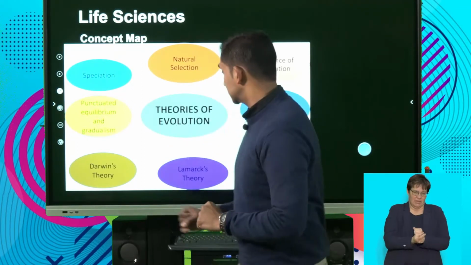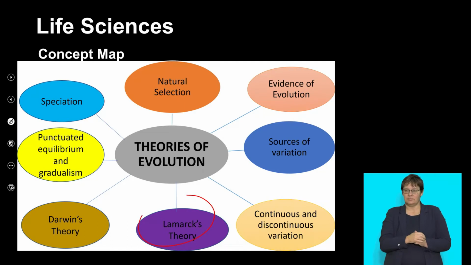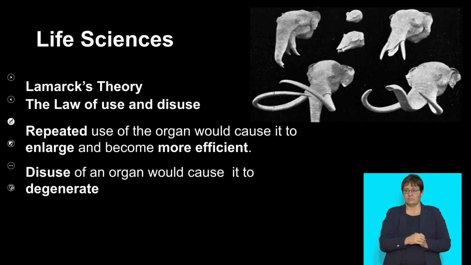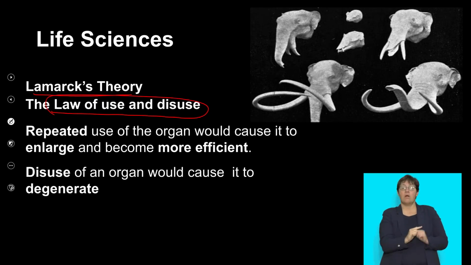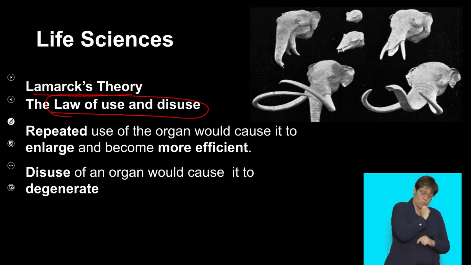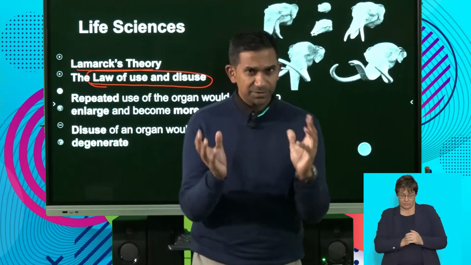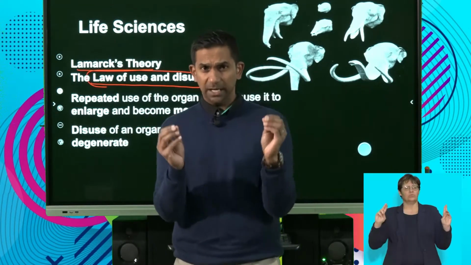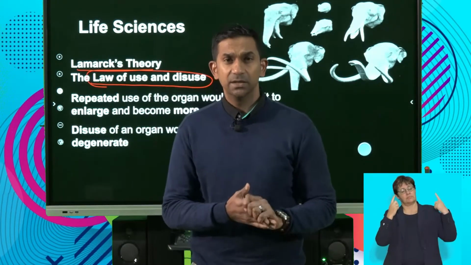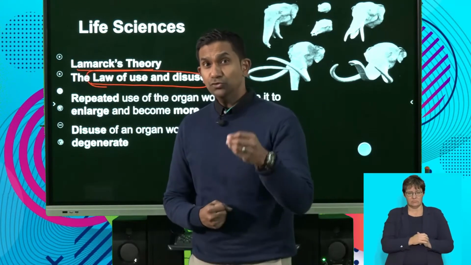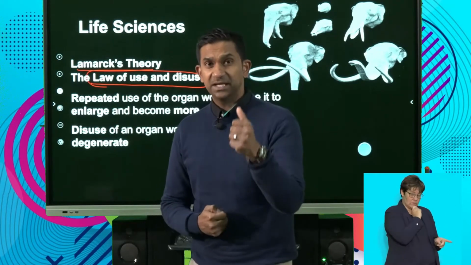Now let's look at Lamarck's theory and unpack what Lamarck's theory is. So when we talk of Lamarckism or Lamarck's theory, what often comes to mind is the law of use and disuse. Essentially, if we were to put that into a very short, abbreviated statement, it would mean that the more you use something, the better it becomes.